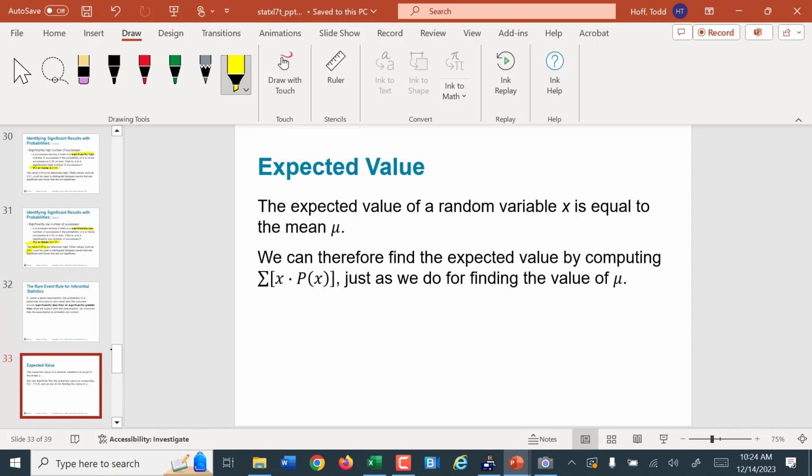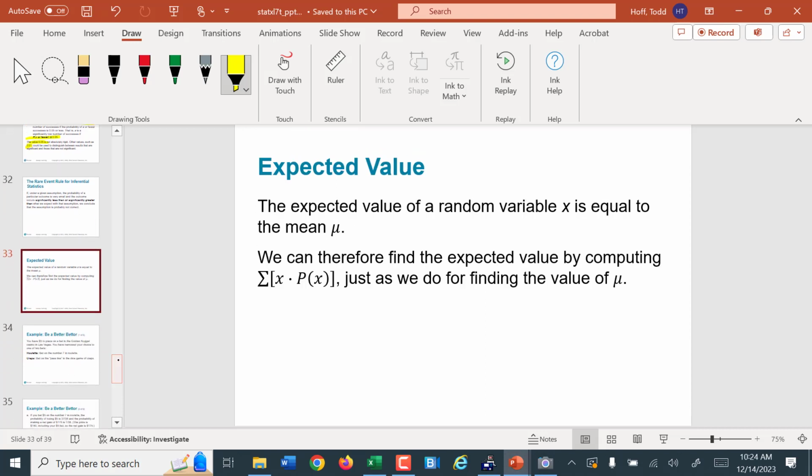So expected value is a very important value as far as analyzing the fairness of a situation. Vegas uses this for setting odds for their different games, setting the payouts. The expected value is just the mean of the distribution, but it's weighted taking into account gains or losses based on some sort of situation around those probabilities.